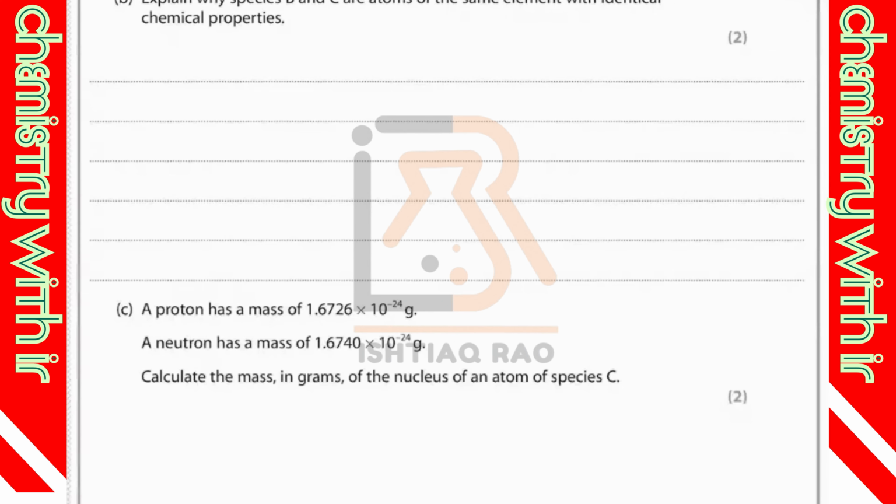So what am I supposed to write in this? Isotopes have the same number of protons but different numbers of neutrons.